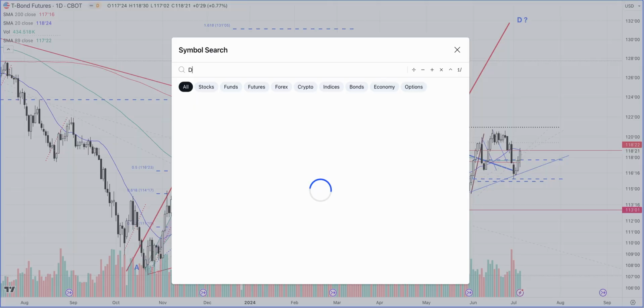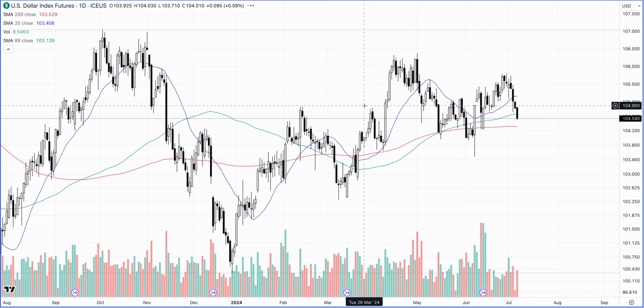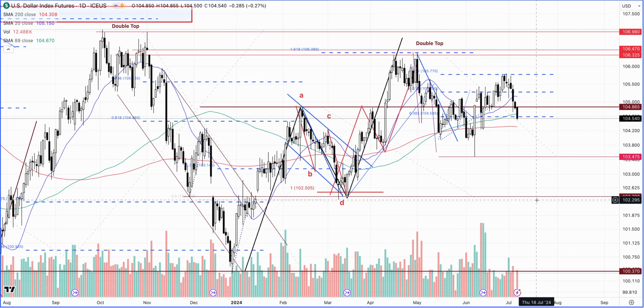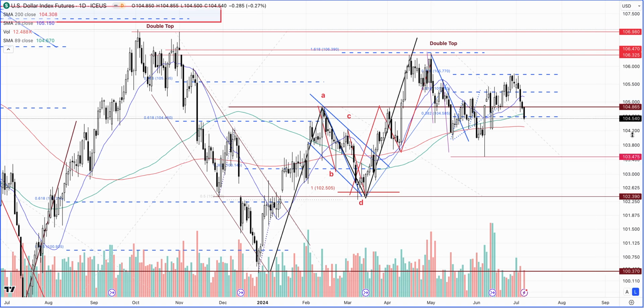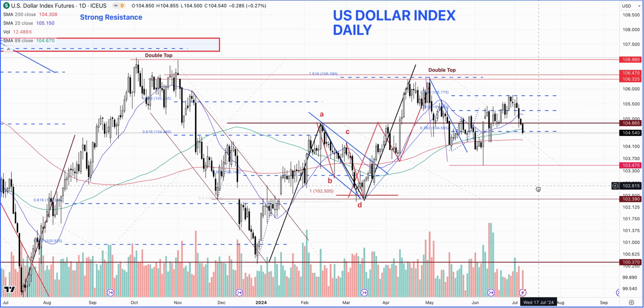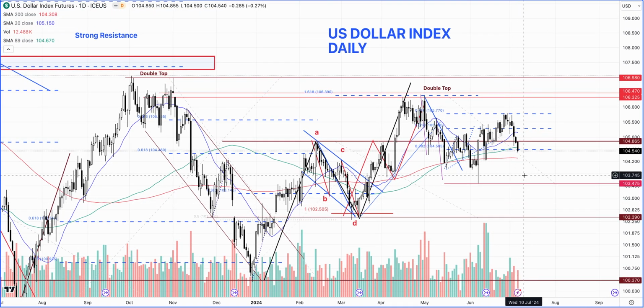Okay, now we move to the dollar index. Dollar index, you can see yields move lower, and the dollar index also moved lower. Now, one of the things that we have been talking about with dollar index is that we think that the 107 level is a very strong resistance level.